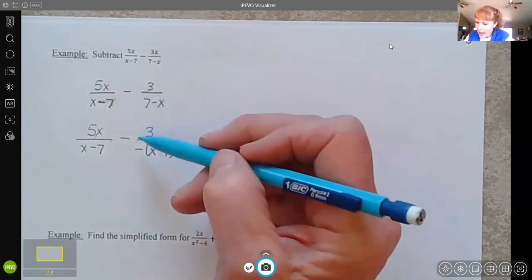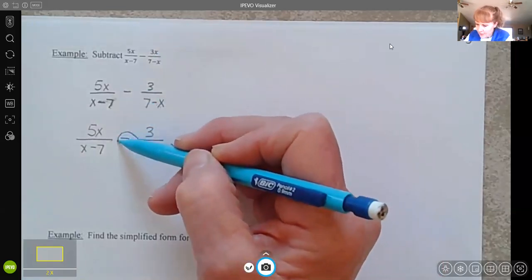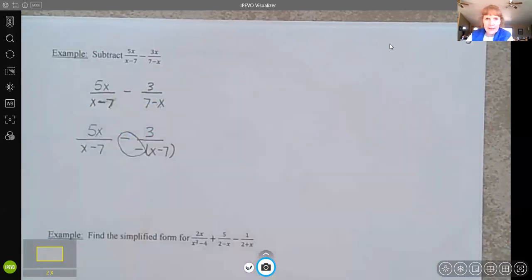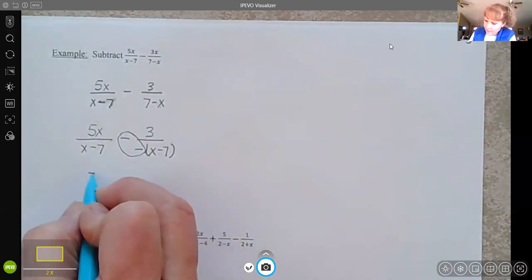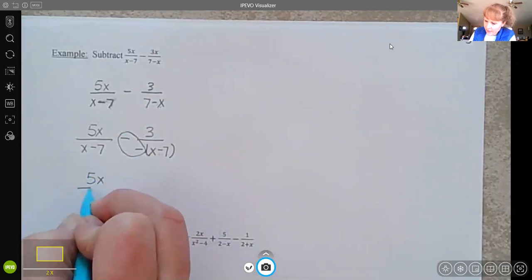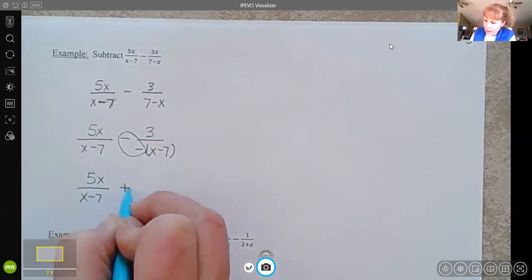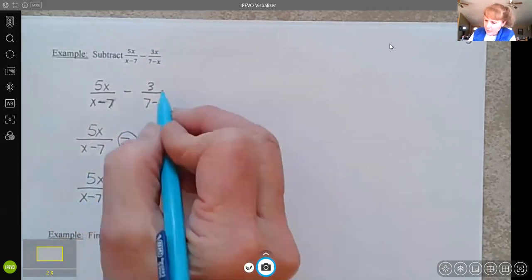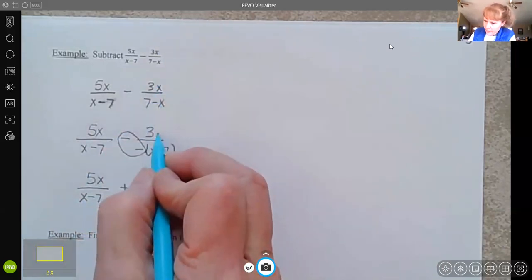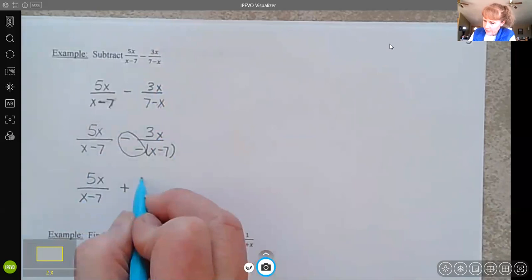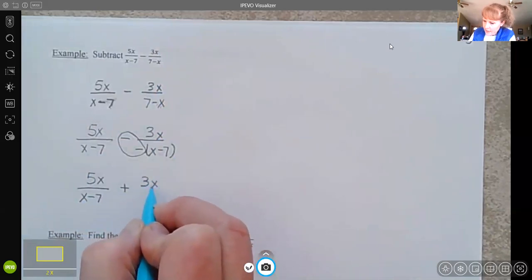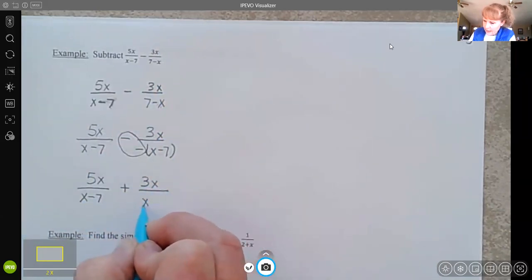Now, when you have two negatives like this, it's a positive. A negative and a negative is a positive. So this is actually 5x over x minus 7 plus, did I forget an x on my 3? Yes, I did. Because we haven't even really looked at the numerator. 3x over x minus 7.